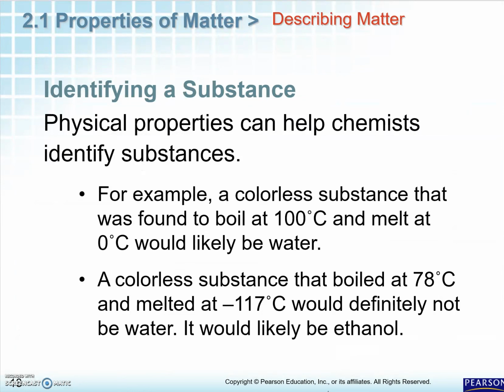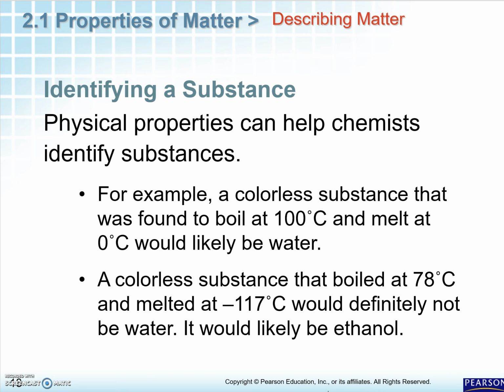So whenever you are identifying a substance, you have the physical properties that the chemist can use. So if you found something that boils at 100 degrees Celsius and will melt at 0 degrees Celsius, most likely you're looking at water. Whereas something else that boils at a much lower temperature, at 78 degrees Celsius, and melts at negative 117 degrees Celsius, is definitely not water.